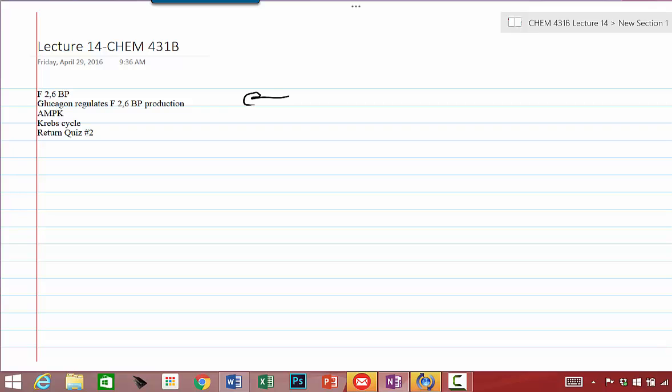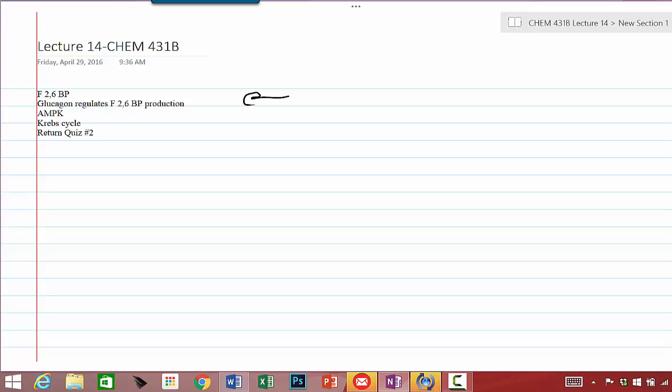And just to remind you, remember that this molecule right here, this fructose 2,6-bisphosphate, causes an increase in the activity of phosphofructokinase.